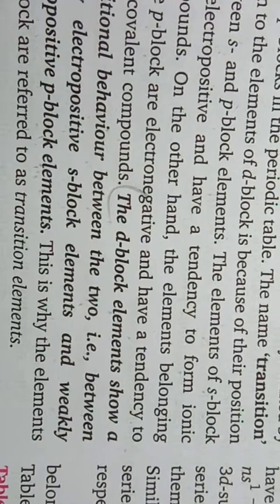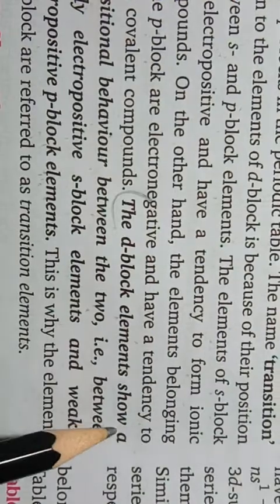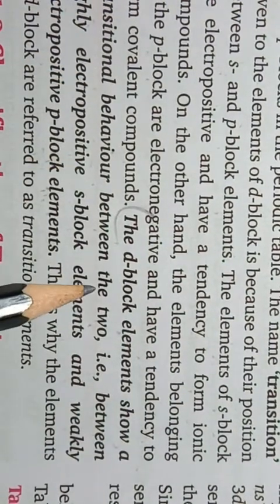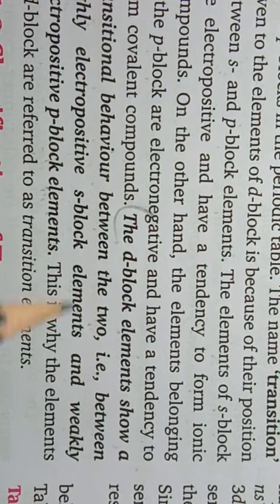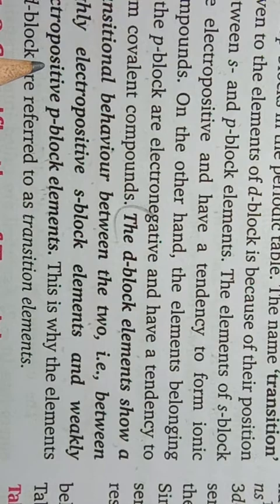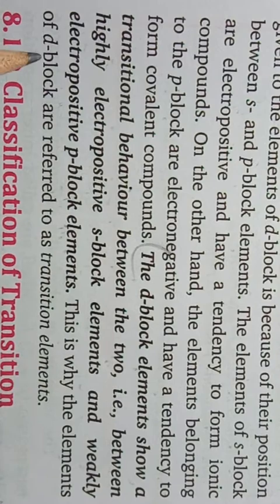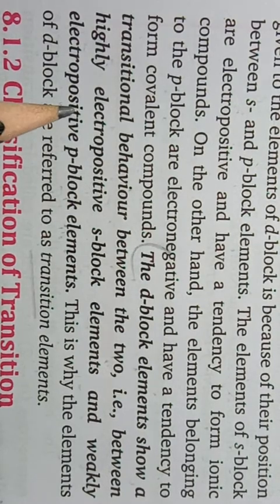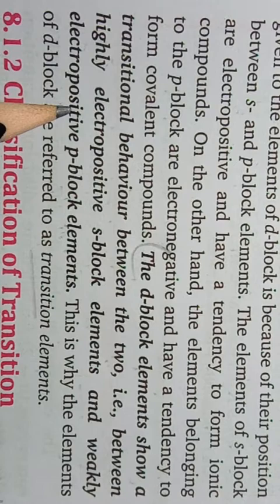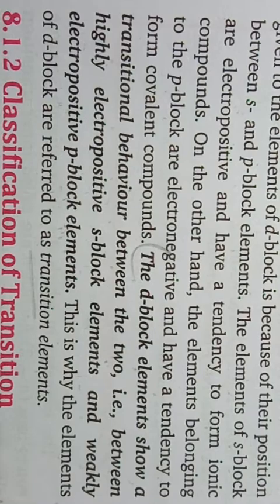So as you know that the D block elements show a transitional behavior between the two, that is highly electropositive S block elements and weakly electropositive P block elements, and this is why the elements of D block are referred to as transition elements, because these elements are present in between the S block elements which are highly electropositive and P block elements which are highly electronegative.